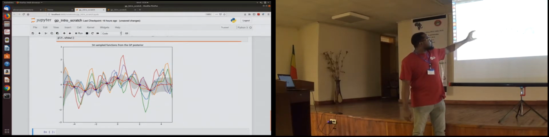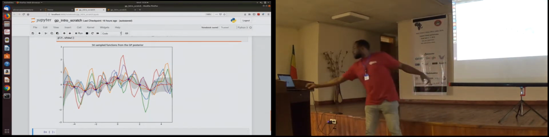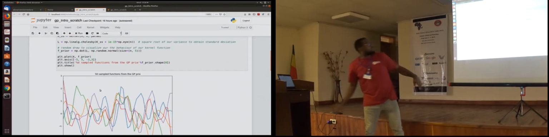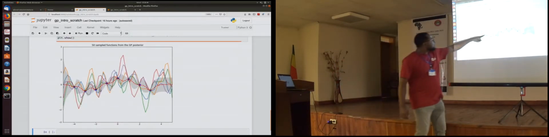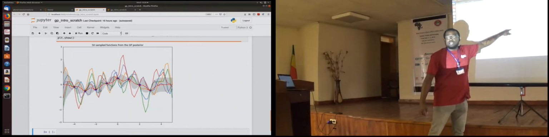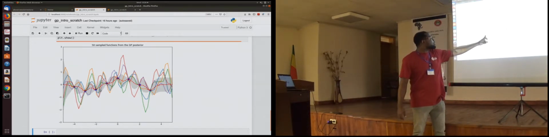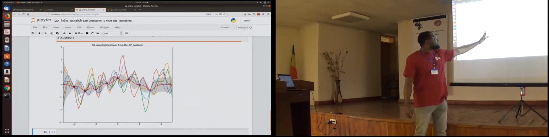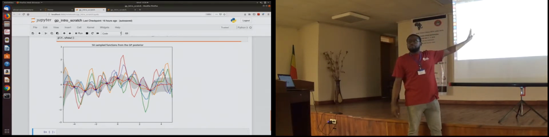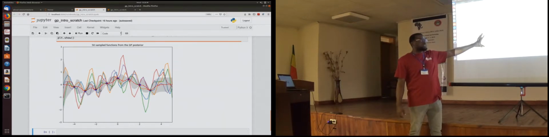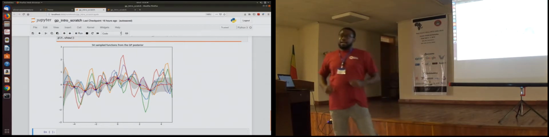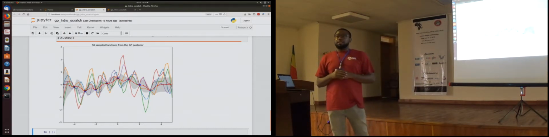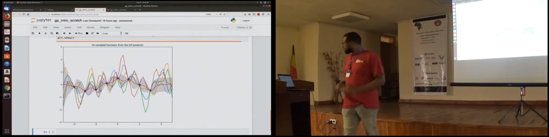You see that these functions basically wrap around these points, and the points closest to them are the ones I'm more confident about, as opposed to points that are far away from these points. So this gives me some way of doing proper interpolation, and having some form of uncertainty in my prediction.